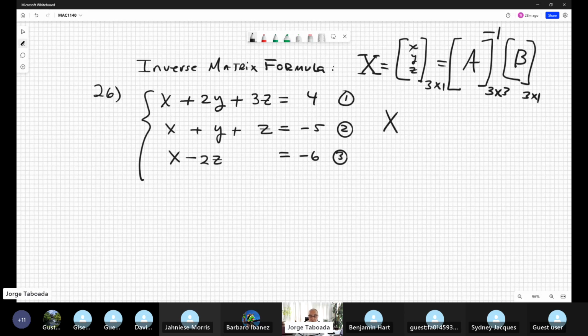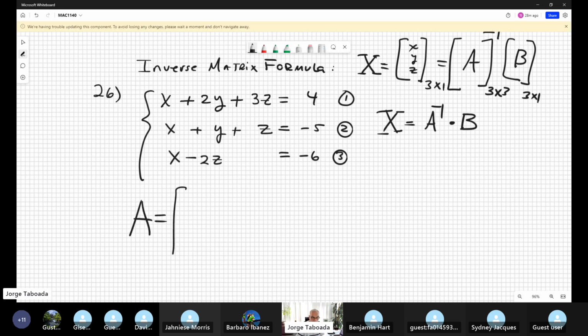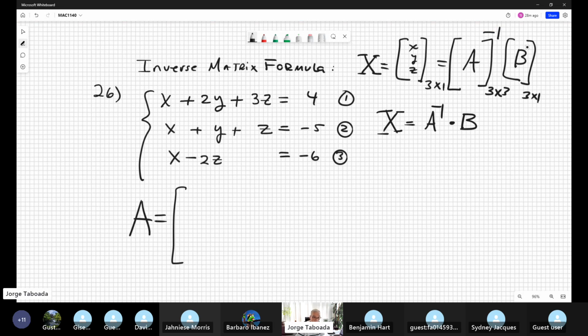So the formula is X equals the inverse of matrix A times B. So the matrix A formed by coefficients is square: 1, 2, 3, 1, 1, 1, 1, 0, negative 2. This is the 3 by 3 square matrix.